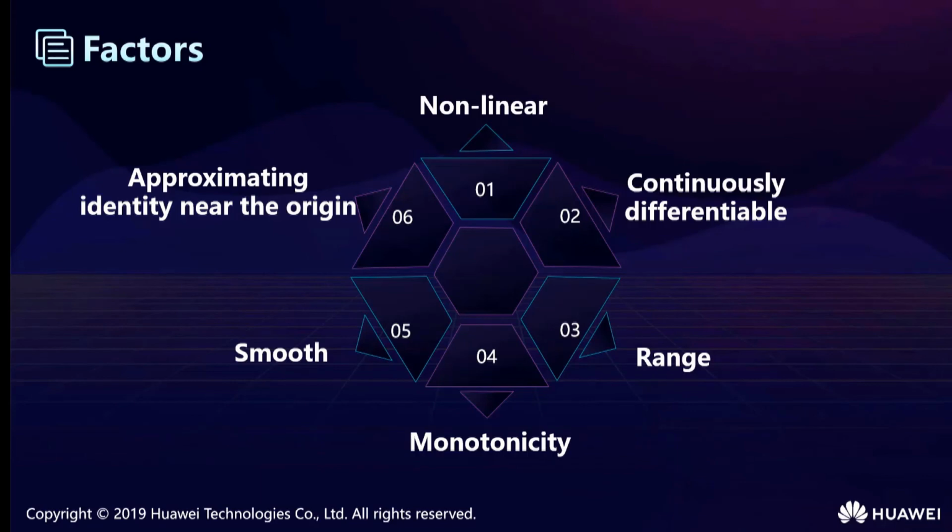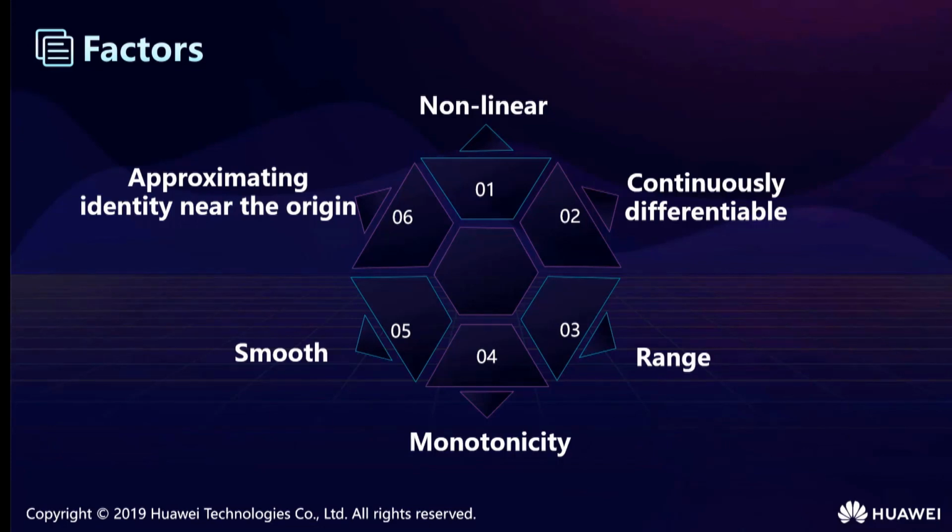If the function is linear, the entire neural network is equivalent to a single-layer linear model. We should also consider continuous differentiability, an attribute that is needed for gradient-based optimization methods. If functions that are not differentiable at some points are selected, the derivative must be forcibly defined.